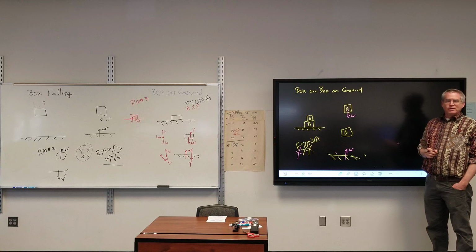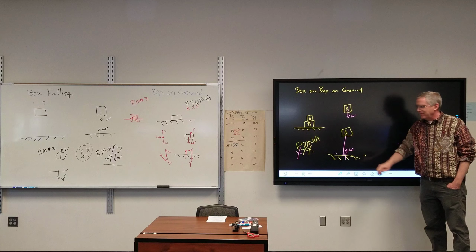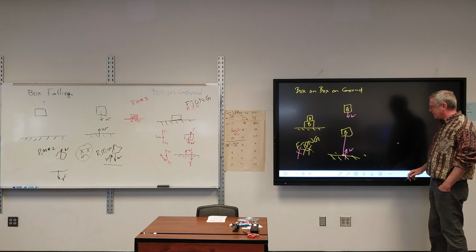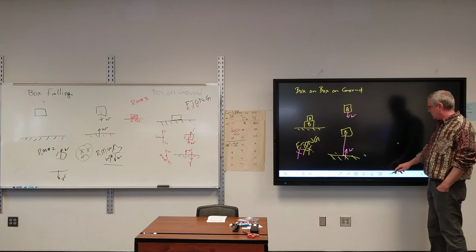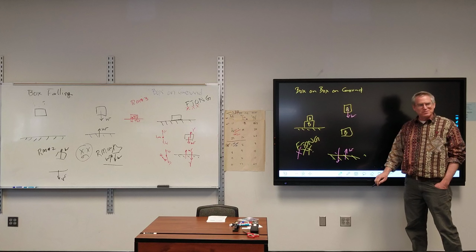B to the ground. Where am I drawing my arrow? The bottom of the box, B to the ground. Now, just how you had it over there. So am I drawing it down on B or down on the earth? On the earth. No, just how you had it over there.